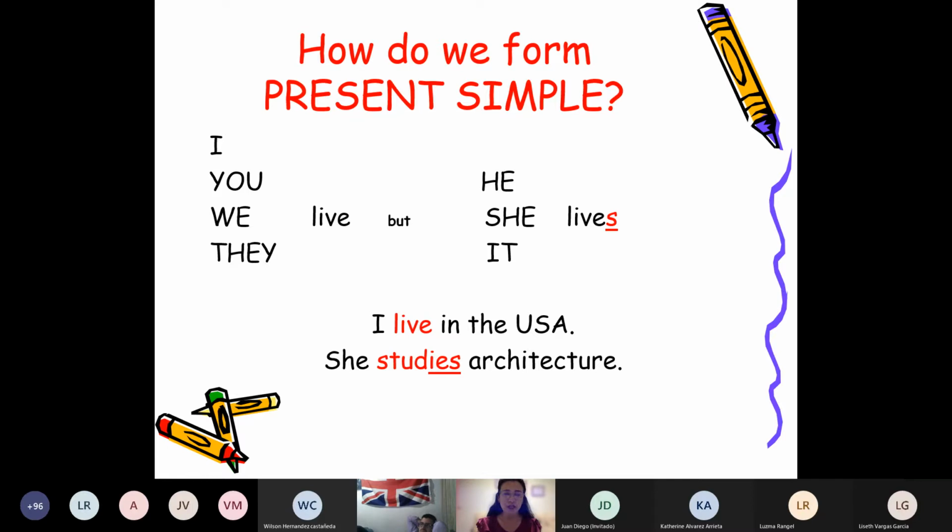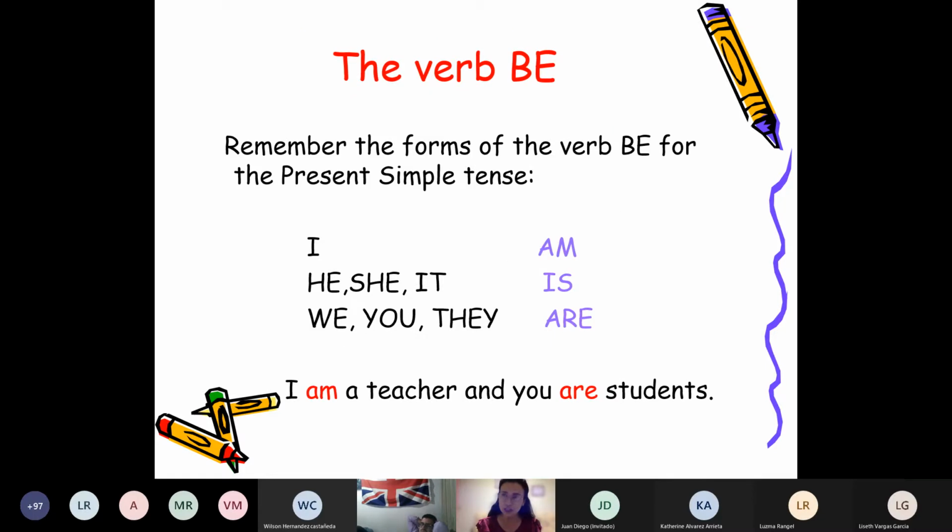But with he or she or it, with verbs different to the verb to be, you add s. For example, she studies, she works, she finishes, he lives, all right? And this is the affirmative way for any verb different to the verb to be, and this is the affirmative conjugation with the verb to be.